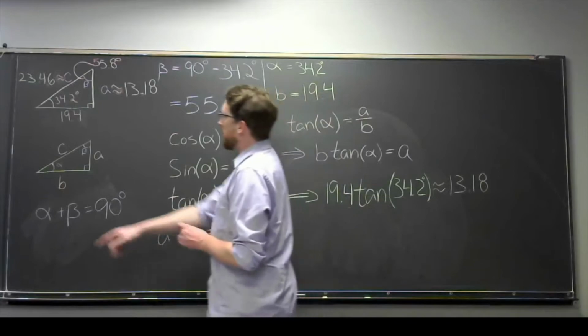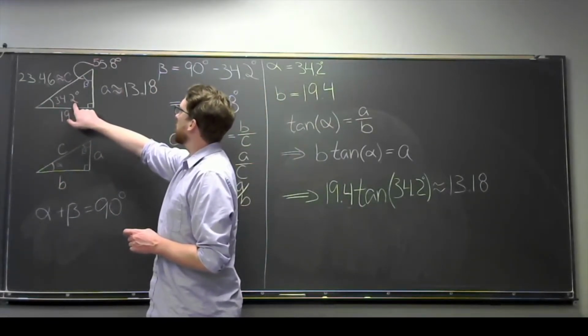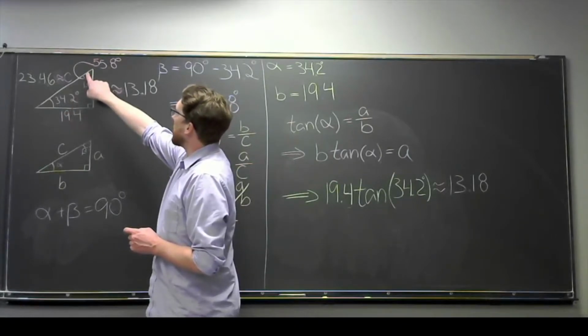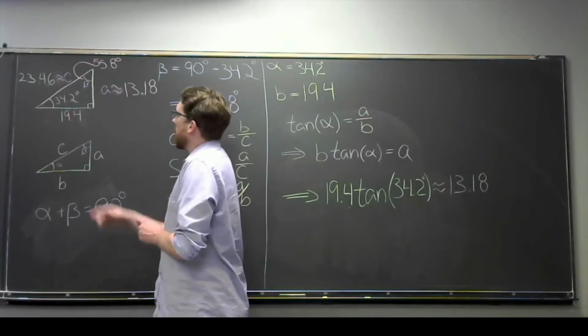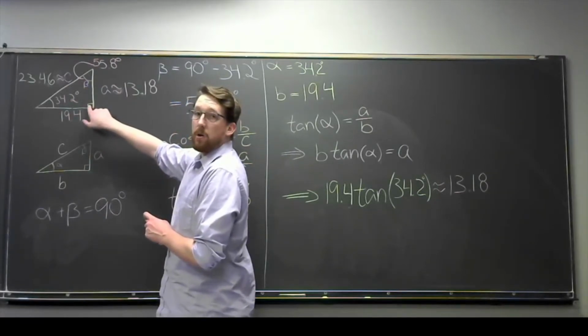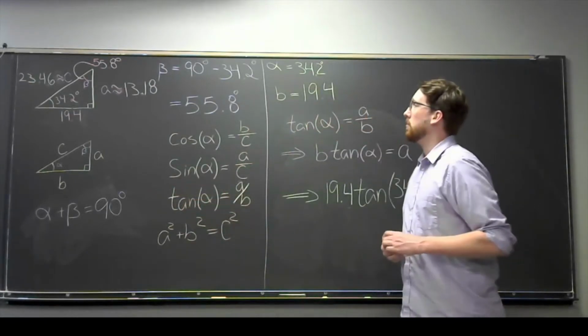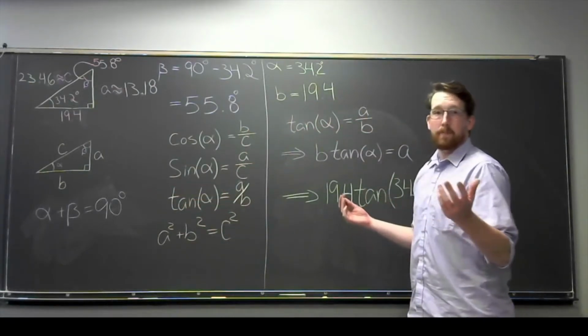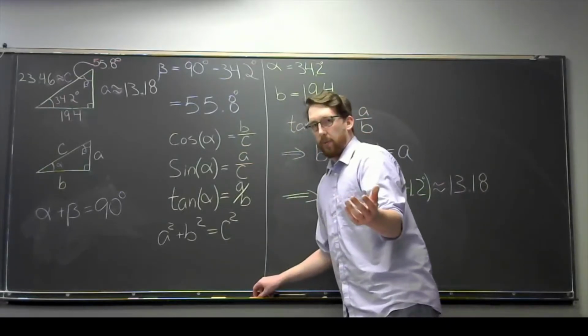We found this angle. That's 34.2 degrees. We found this angle. That's 55.8 degrees. And we know this angle is 90 degrees. So we've got everything. There's nothing else we can solve here. And that's it. That's all I've got for this example. So let's look at another one.